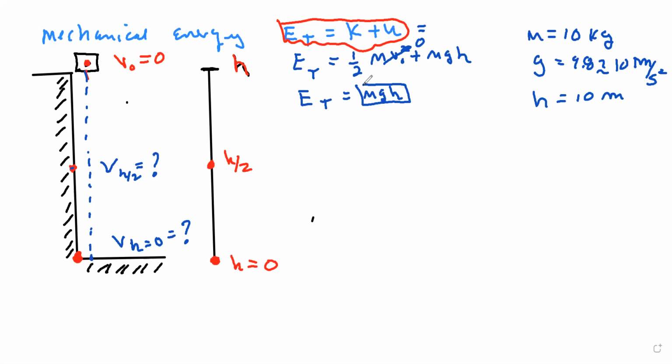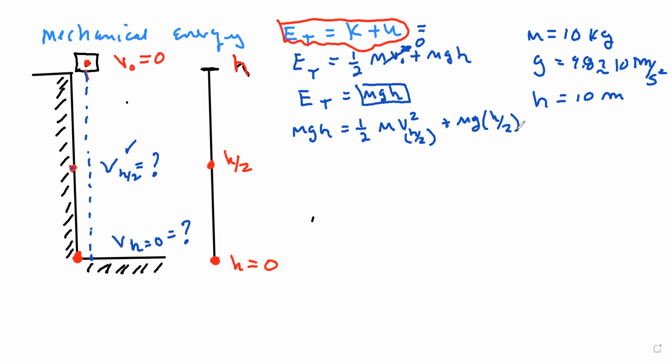And at the half of the path, we want to know what the velocity is. So we have that the total energy is mgh, and that's going to be equal to 1/2 of the mass velocity squared, where we want the velocity at h divided by 2, plus mg h divided by 2, because that's the new height.